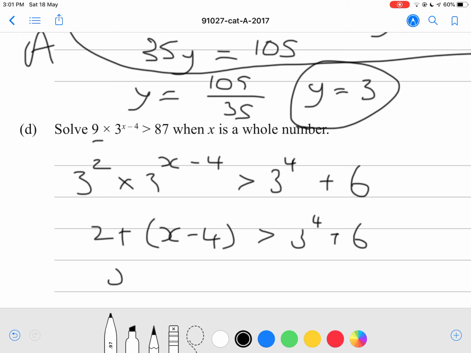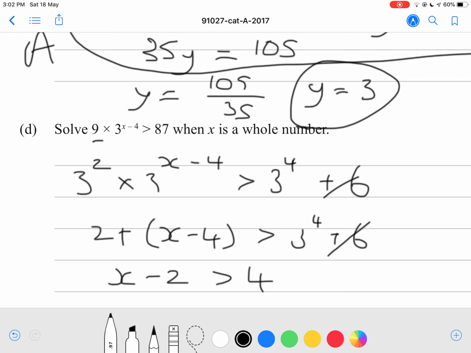So we can say that x minus 2 is greater than 4, actually, because we can ignore the positive 6 because it's actually greater than 87, okay? So we can ignore the plus 6 only for that reason.